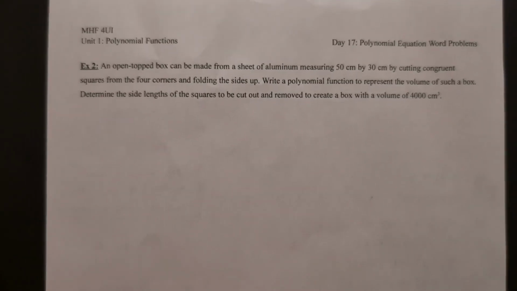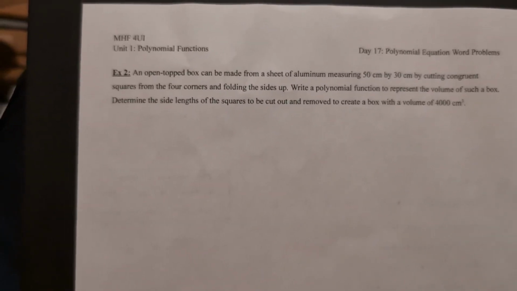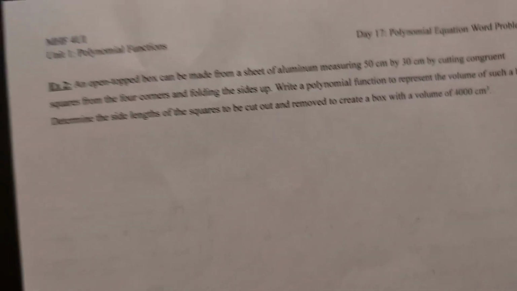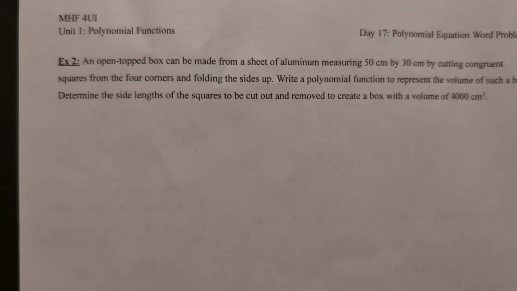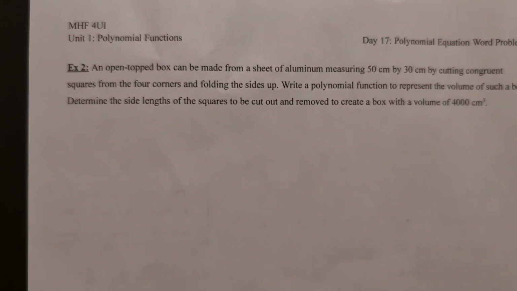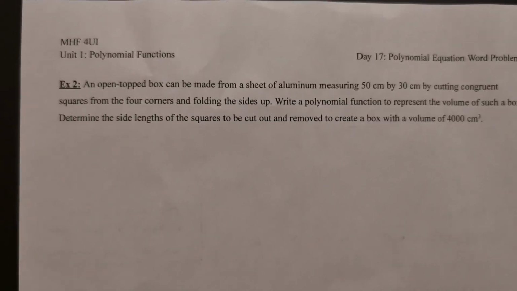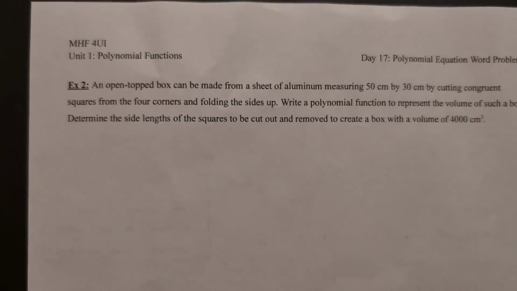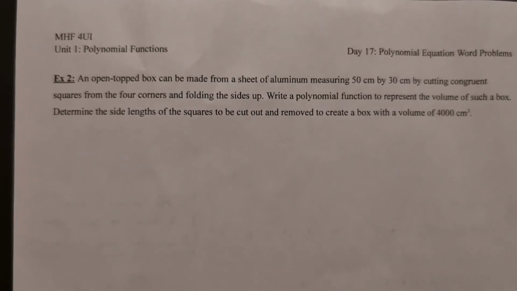So an open-topped box. So a box, it's going to have its 4 sides and a base, but no top at all. Can be made from a sheet of aluminum measuring 50 centimeters by 30 centimeters by cutting congruent squares, so squares that are all equal to each other, from the 4 corners and folding the sides up.